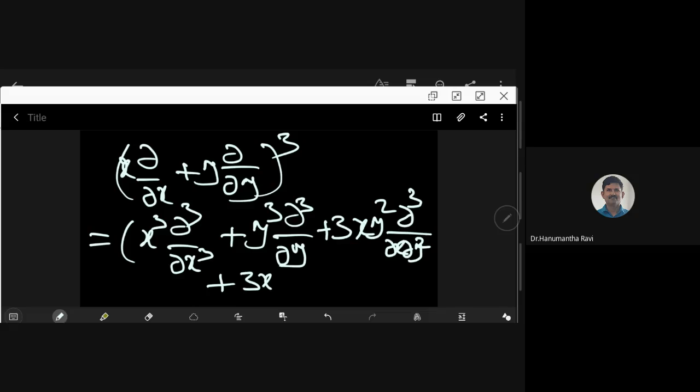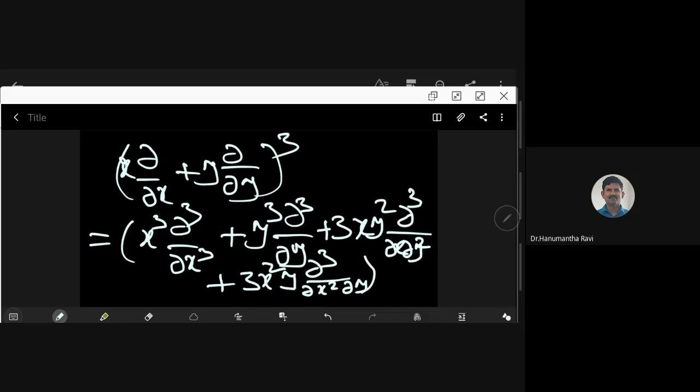So ab into, when you are multiplying with y, y square will come, good. 3x square y dou cube by dou x square dou y. Now this should act on f of 0, 0.